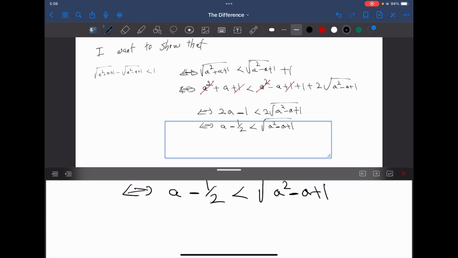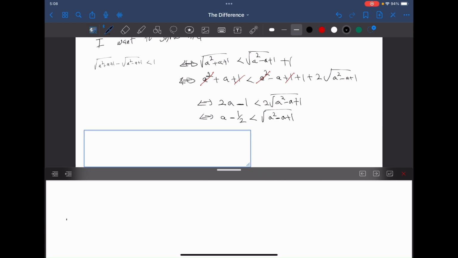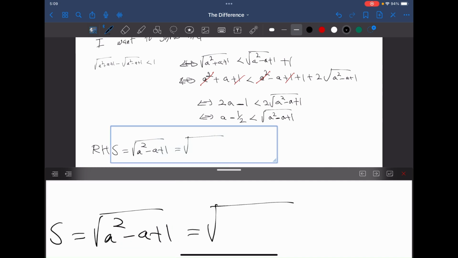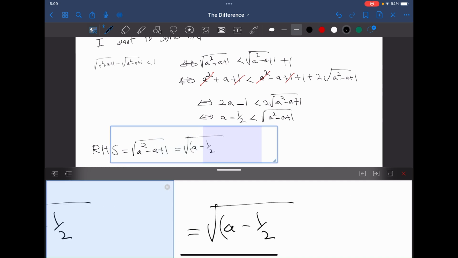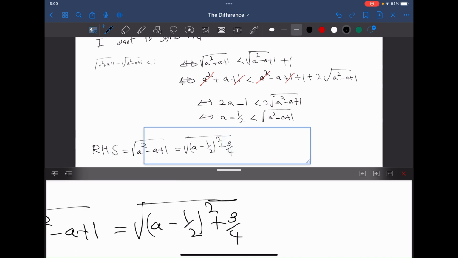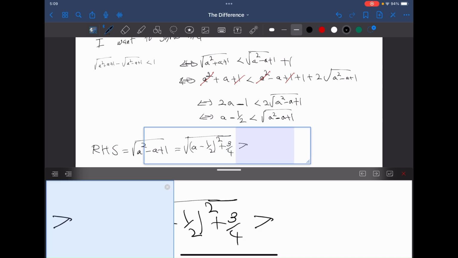So let me write the right-hand side here as root of a squared minus a plus 1, which is equal to root of (a minus 1 over 2) squared plus 1 plus 3 divided by 4, right? And this is going to be larger than the absolute value.